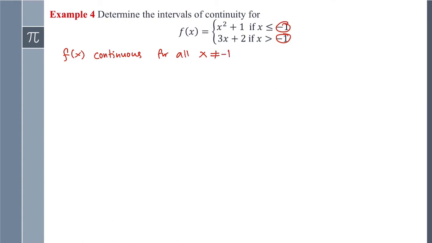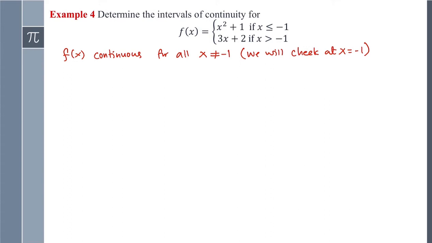And then we will check this one, at x equals -1. Just looking here, on the left of -1, this function is continuous because it is a polynomial. On the right of -1, this function is defined and it's continuous. Now we'll check what happens at -1.